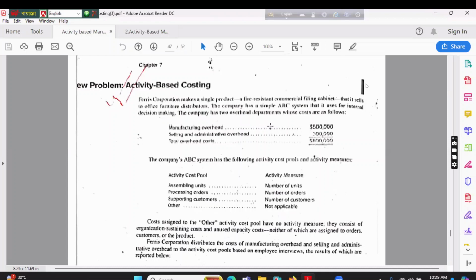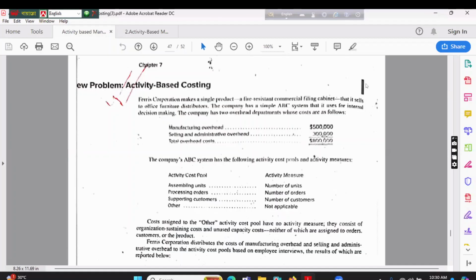The company has a simple ABC system that it uses for internal decision making. The company has 2 overhead departments whose costs are as follows. Manufacturing overhead 500,000, selling and administrative overhead 300,000.